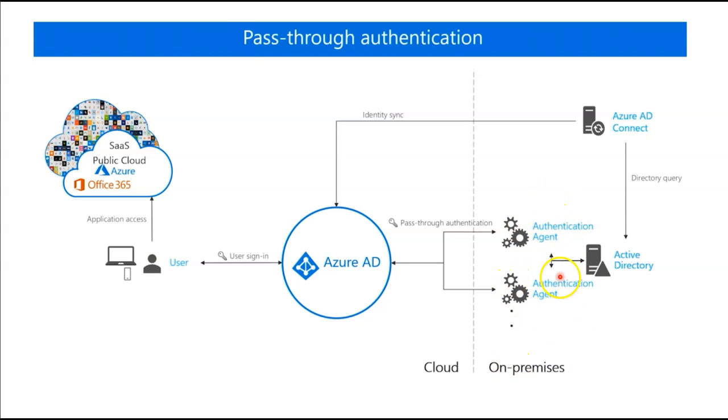Maybe you can configure them on your domain controllers also, but they are set up on premises for higher availability. These agents make persistent outbound connections to Azure AD to listen for authentication requests.